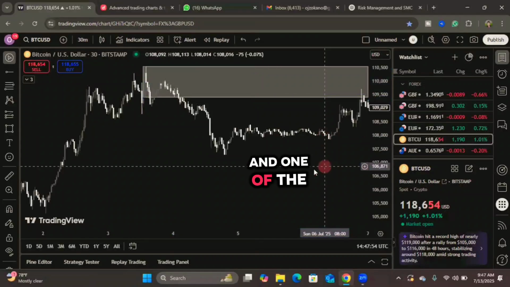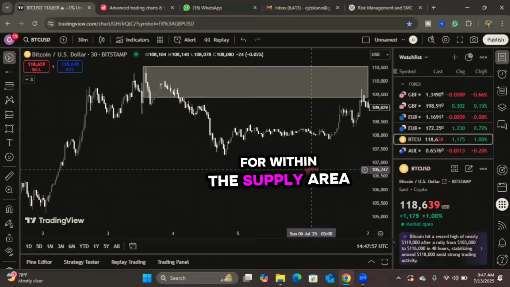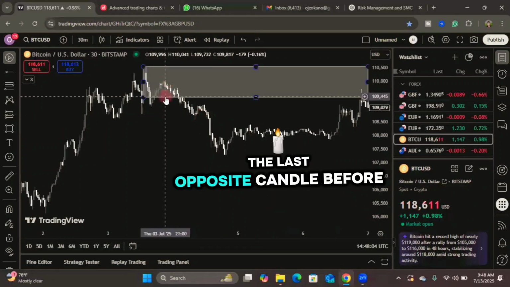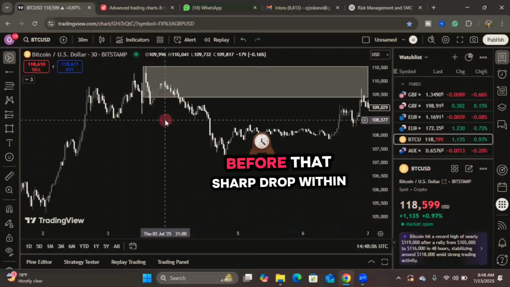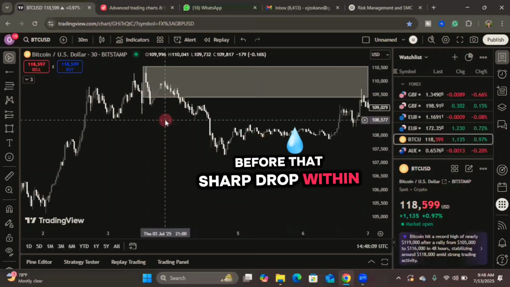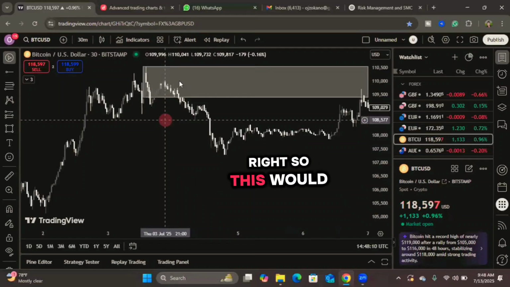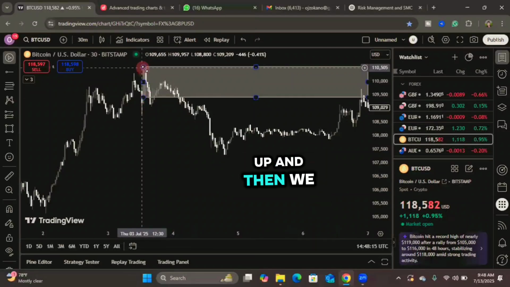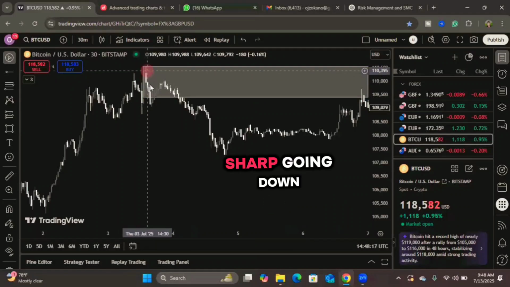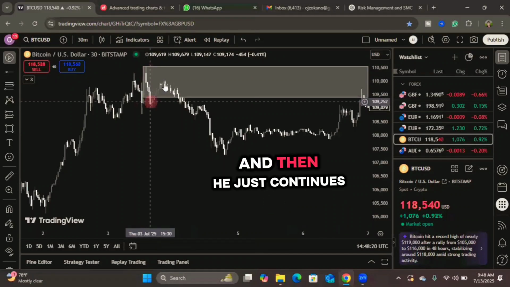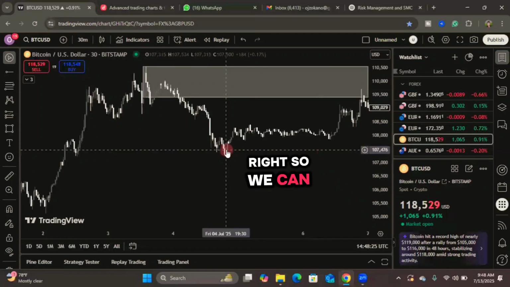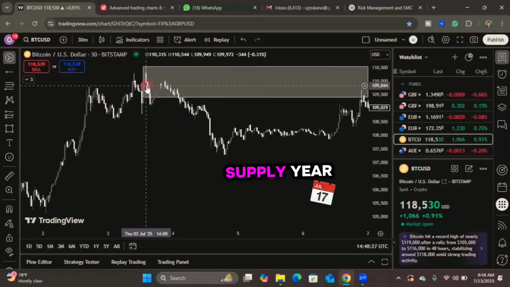One of the things we're looking for within the supply area is choosing the candle: we look for the last opposite candle before that sharp drop in price. So this would be the last opposite candle, because we are going up and then we see our price drop sharply, and it just continues selling off. So we can mark that out as our supply area.